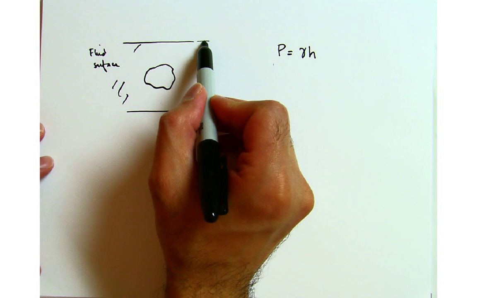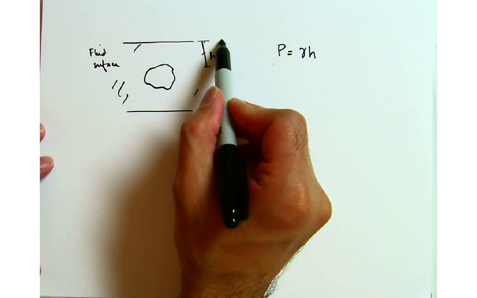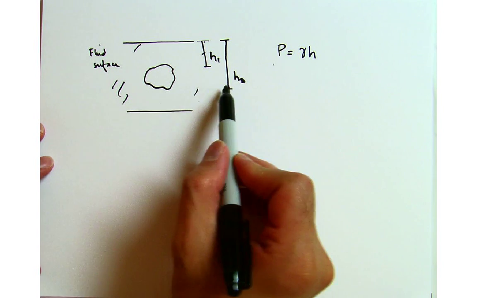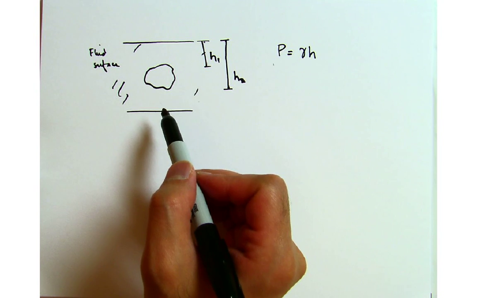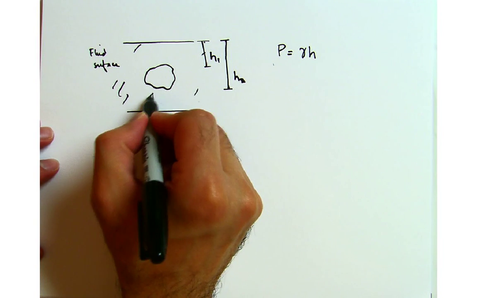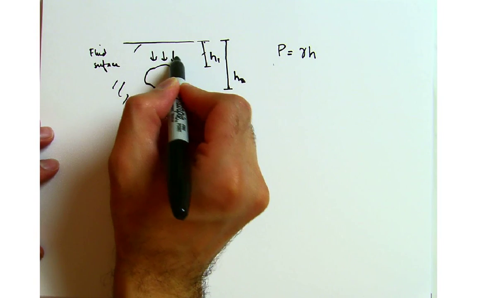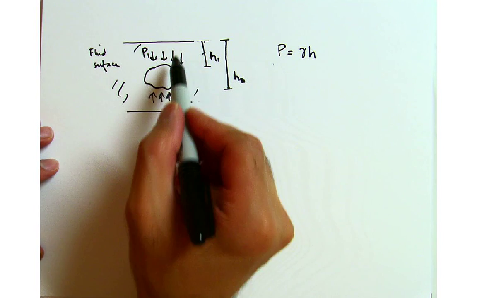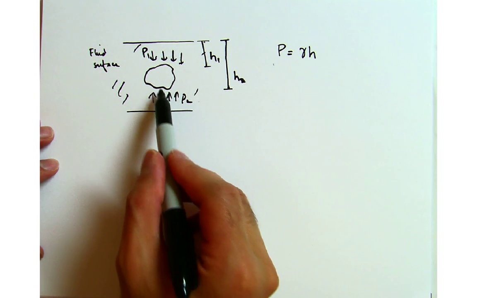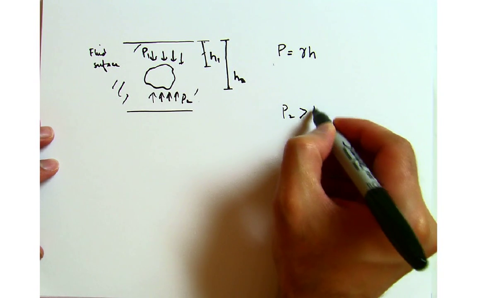If I mention this height as h1, and then I have another height h2, which is up till the bottom of this object, I have a pressure P2 acting upwards and a pressure P1 acting downwards. P1 is represented by height h1 and P2 by height h2, and we can see that P2 is greater than P1.